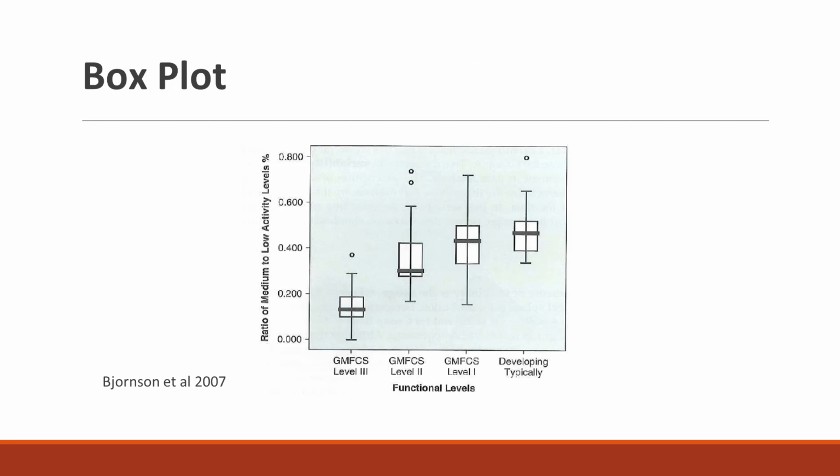These box plots show 4 distributions of scores of functional level based on the gross motor function classification system. The distributions compare the ratio of medium to low activity levels among children who are developing normally and children with cerebral palsy at functional levels 1, 2, and 3.